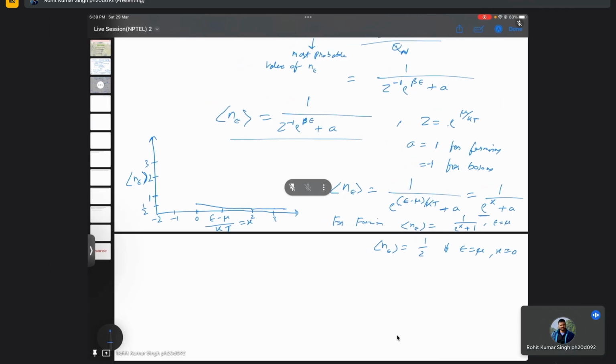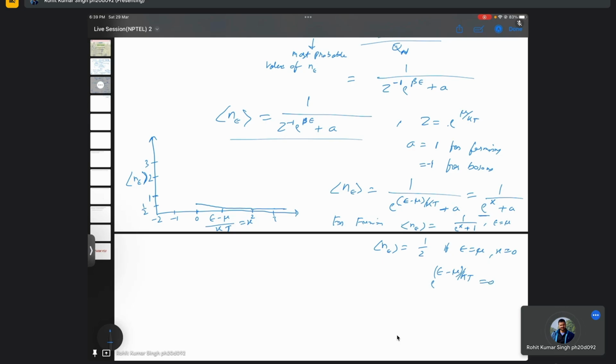Okay, so the maximum will be when this quantity is 0.